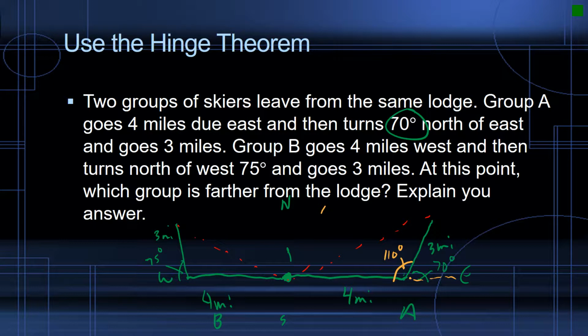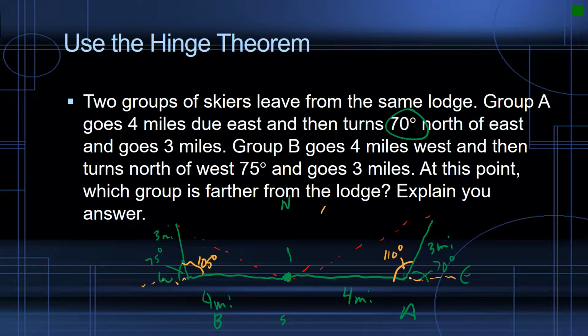And over here with group B, we've got the same phenomenon going on. I'm trying to figure out what this angle is. Well, that exterior angle is 75 degrees, so it has got to be supplementary to that interior angle. So 180 minus 75 is 105 degrees.